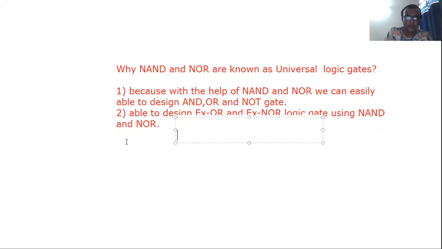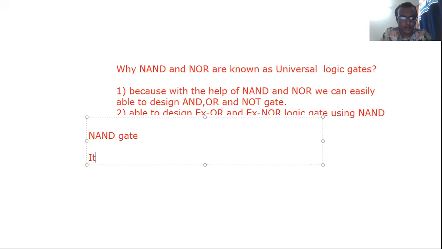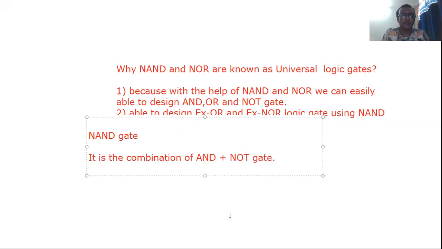Next point, NAND gate. It is the combination of AND plus NOT gate. I have sketched here the symbol of AND gate.